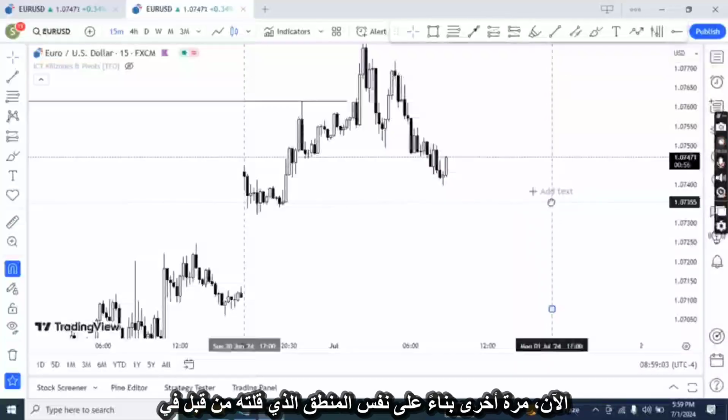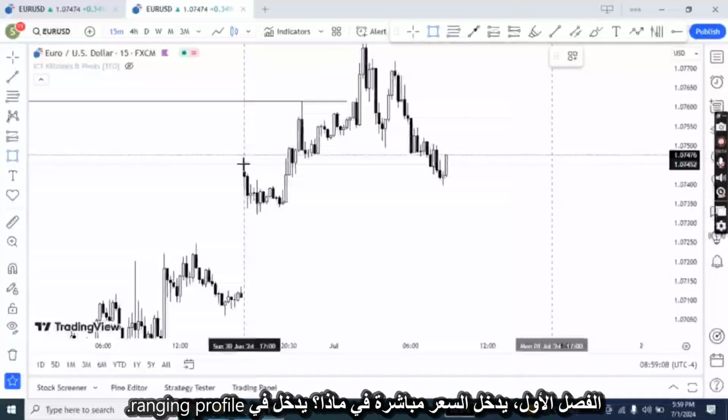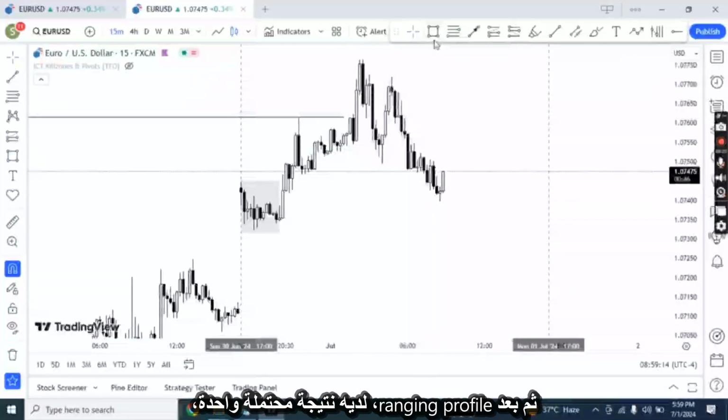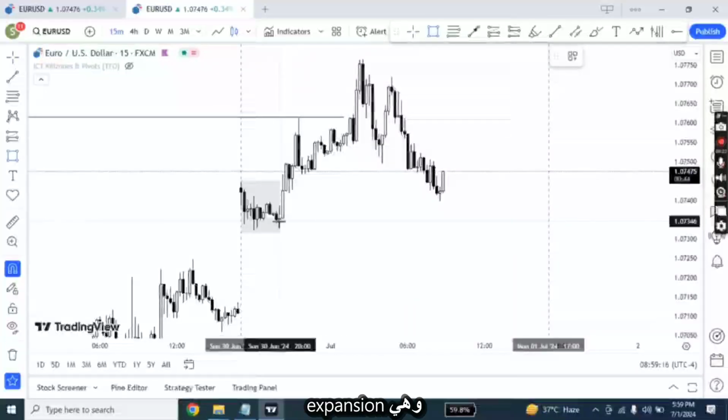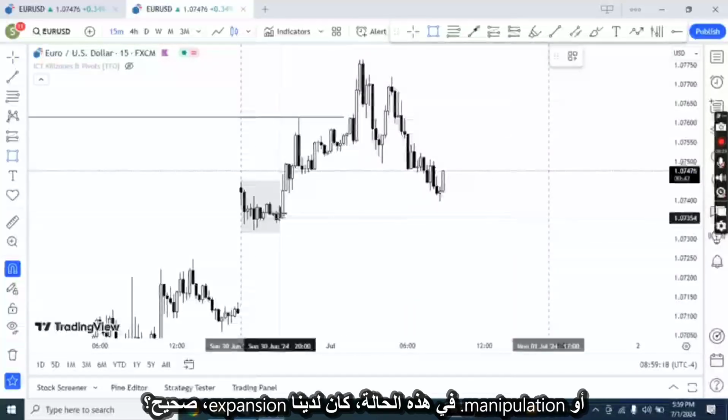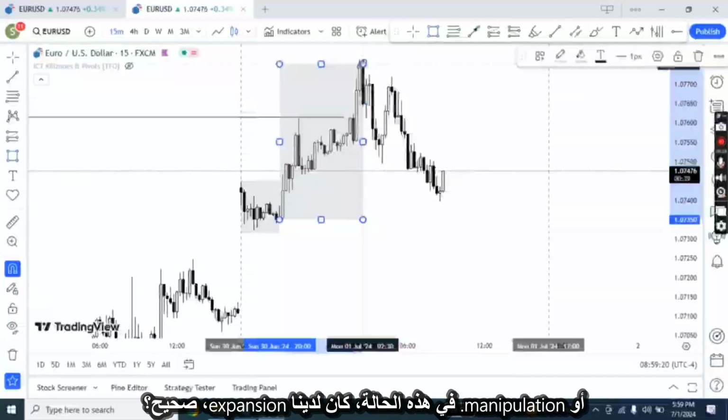Again, based on the same logic as I said before in the first chapter, price straight away goes into what? It goes into a ranging profile. And then after the ranging profile, it has one possible outcome, which is an expansion or a manipulation. In this case we had an expansion, right?